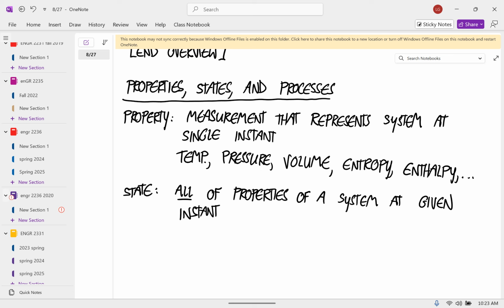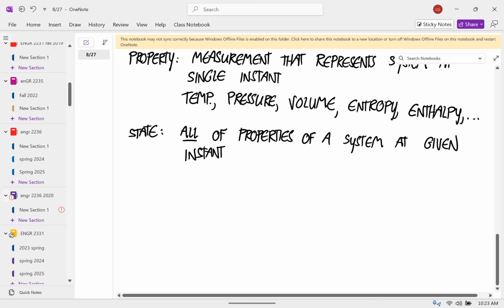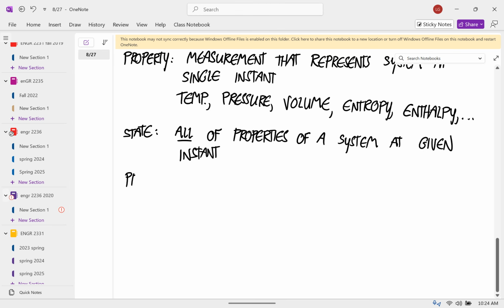It turns out we're going to see that for almost any material, all the materials that we'll be dealing with, the most you ever need is two properties to totally define the state. So that's really nice. Pretty much always, if you can come up with any two properties, you can find a way to determine any other property you want. And then a process is the transition between two states.